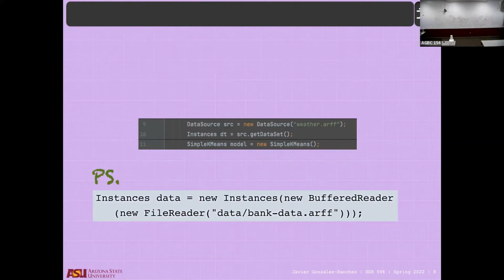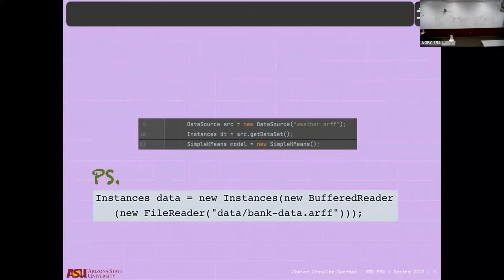Line number 9 and 10 is exactly the same as this box with the white color. And we need instances. Yes, we can create instances from a data source that is from this file, whatever.